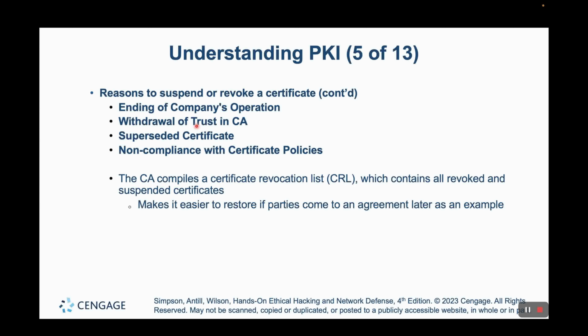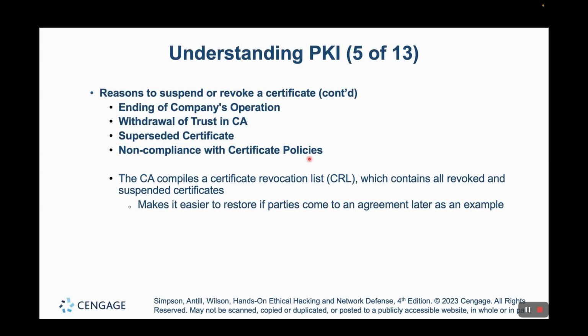And, speaking about subordinate CA certificates, we're going to talk a little bit more about it. Superseded certificate. Now, if a certificate is replaced with a newer version, it could be for many reasons. For example, you updated the algorithms, or you start using a longer key length, so the old certificate might be revoked. Non-compliance with the certificate policy.